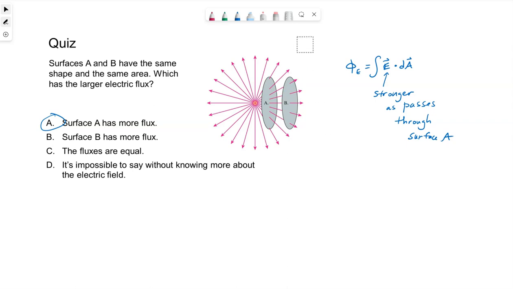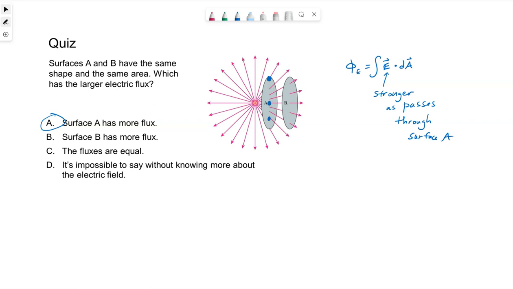The reason we would need to integrate is because the electric field up here is different than the electric field here or here. So it has different values at different locations on surface A. Now, we're not going to integrate in this case. I'm not going to ask you to integrate either.